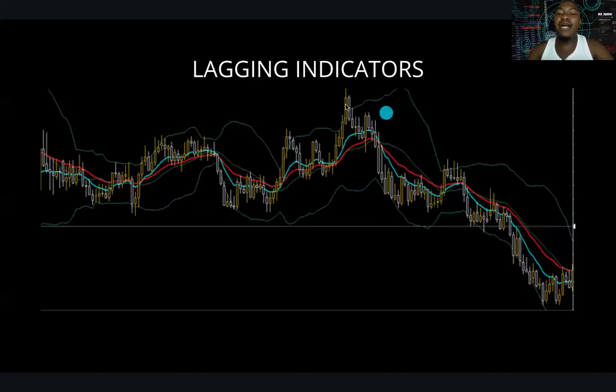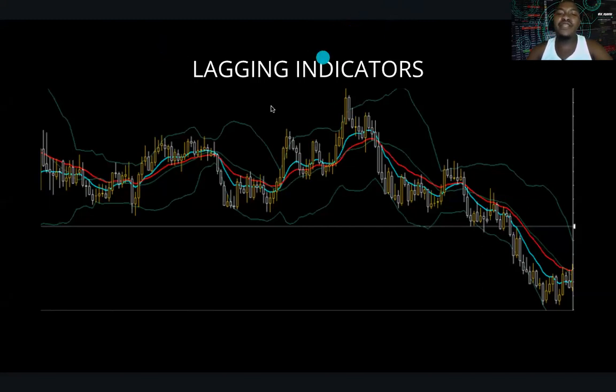Now, I marked the 3 Bollinger Bands that you are seeing there, and then you've got the 2 moving averages that you are seeing there, right? You've got the red moving average and the blue moving average. Now, this is what most people would say, right? Okay, let me just show you how wrong most traders use the moving average.